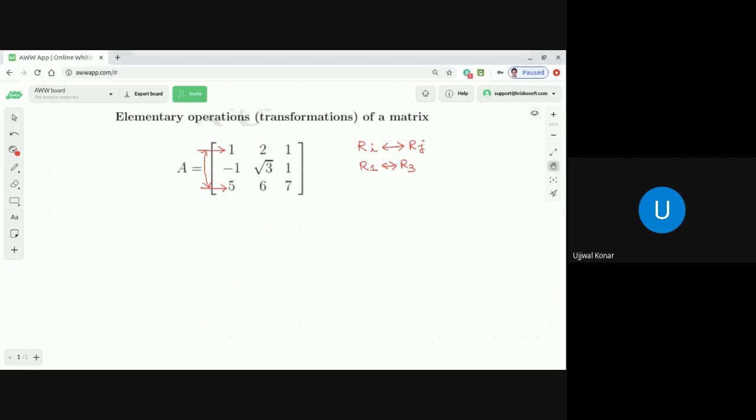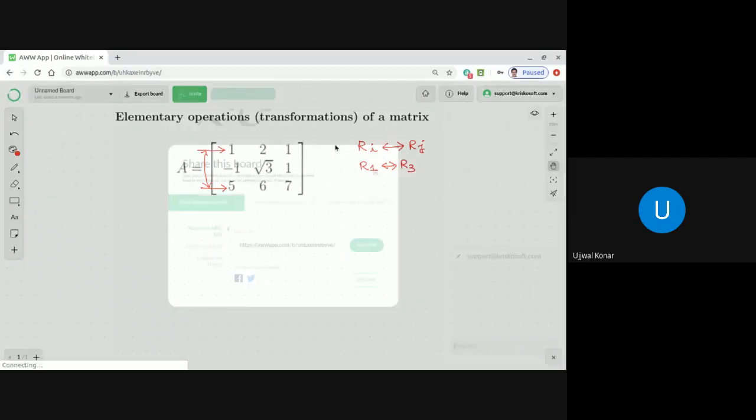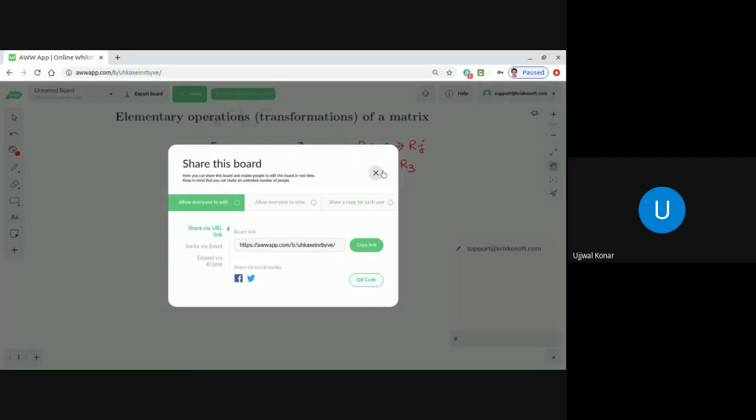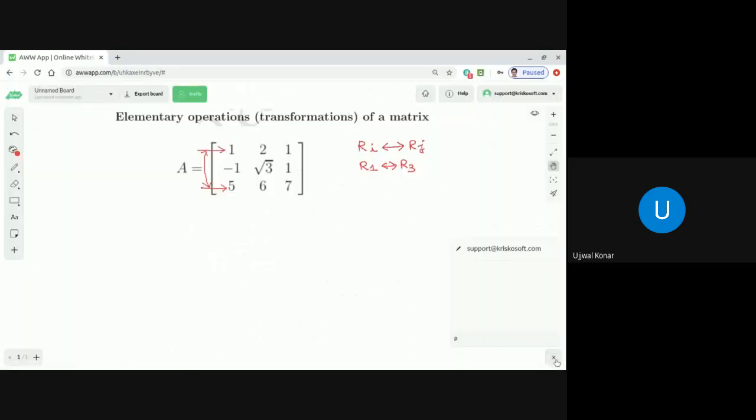So this is the first elementary operation. We will discuss all these things in detail, but before that, let us understand the fundamentals. The first one is the interchange of any 2 rows. The second one is that any single row is multiplied with a scalar quantity.